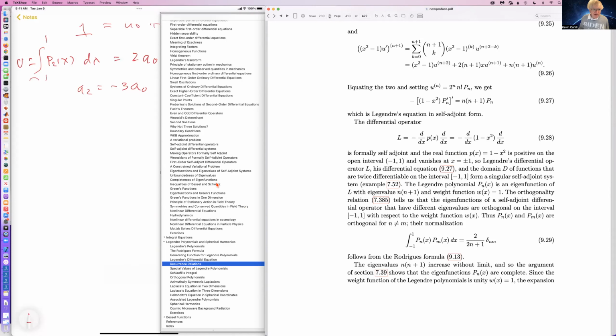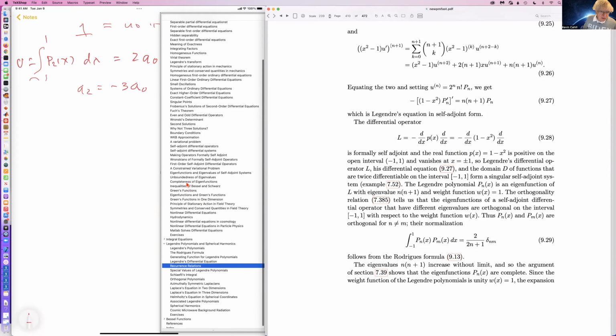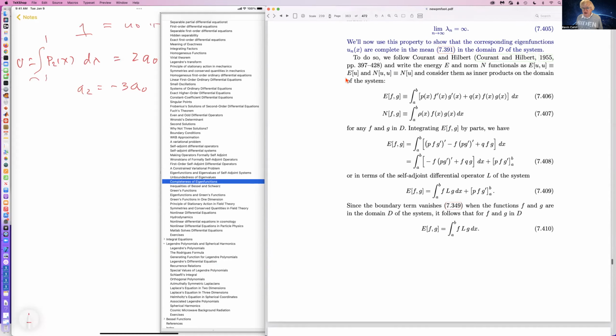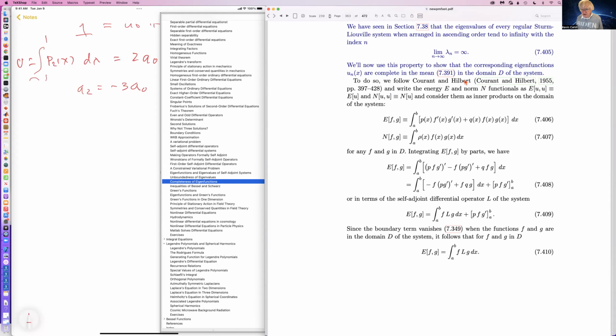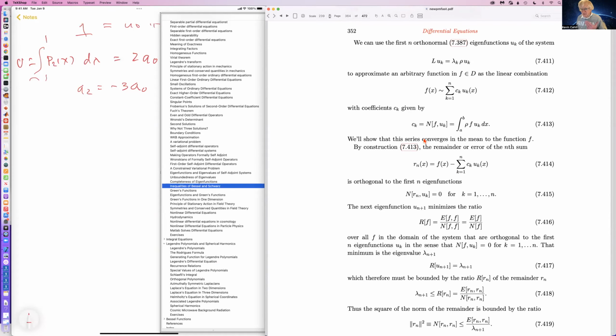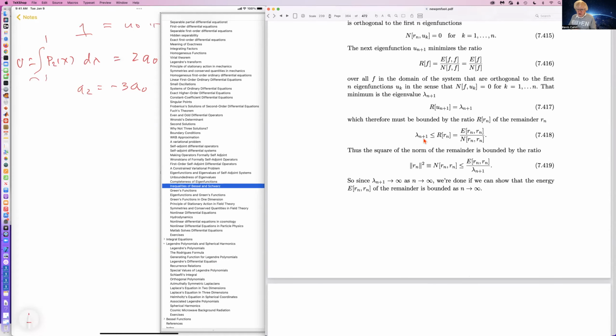It was back here when we were talking about completeness of the eigenfunctions. These eigenfunctions were normalized with respect to a weight function. If the weight function is unity, then they just have to be simply normalized. I think I should actually explain this in the book a little more carefully.